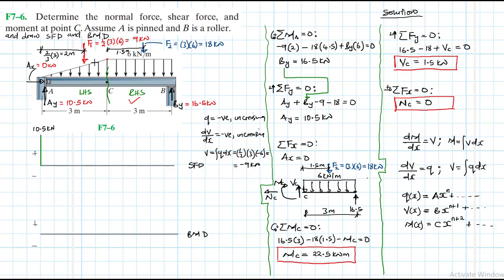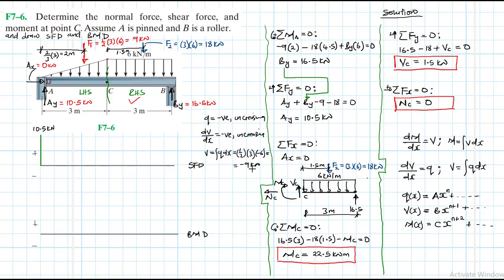So the load diagram is a polynomial of degree 1, linearly increasing in the negative direction. Therefore, you expect the shear to be a polynomial of degree 2, which is going to be quadratic.